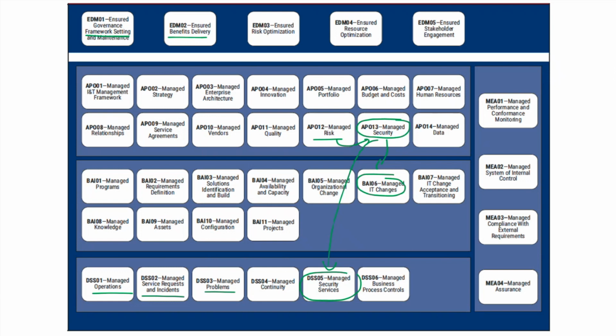But what it does require you to do is have control over your projects. So in BAI 11 under managed projects, you're going to ensure that you have the proper processes, structure, roles and responsibilities, as well as tools and technology to measure whether you have your projects under control. Does that answer your question? Yeah. Okay. Great. A bit clearer. Good.